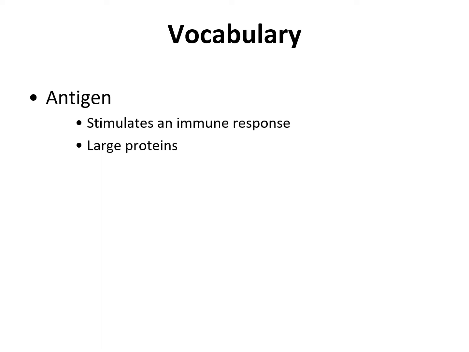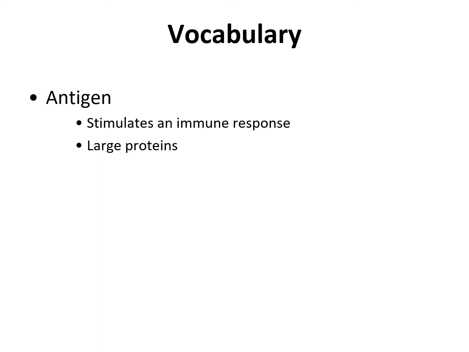And antigens can be pretty much any foreign protein. So a lot of the proteins you find on the outside of microbes can act as antigens, can stimulate your immune response. Also foreign proteins such as pollen or dander can also act as antigens.